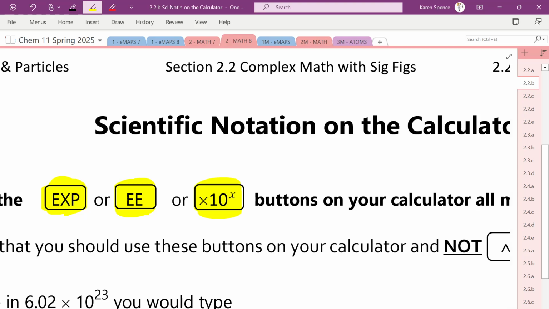Yes. You have all three. I have two of them.